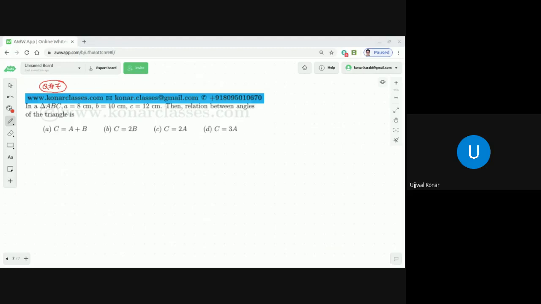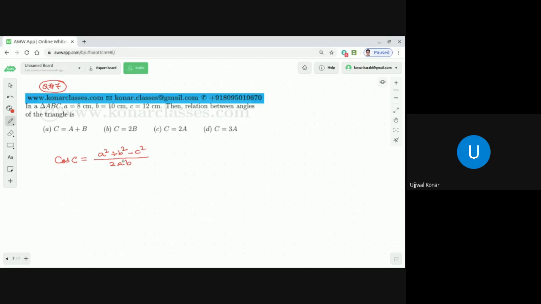Because that we can find out, dear students. If you recall the cosine formula, it is something like this: cos C is equal to A square plus B square minus C square divided by 2 into A into B. Okay.